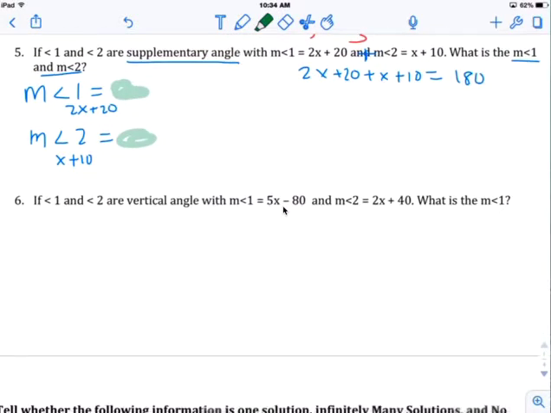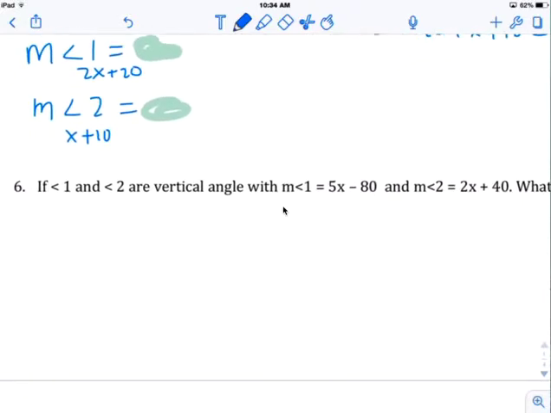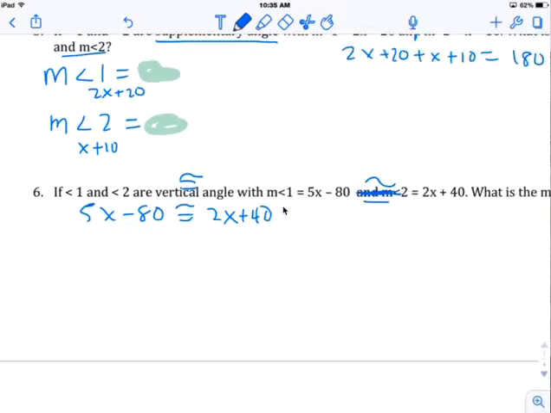Vertical angles. This will be on your test, that's why I gave 6 of them. Vertical angles are congruent, so you make these congruent to each other. 5x minus 80 is congruent to 2x plus 40. Find x.